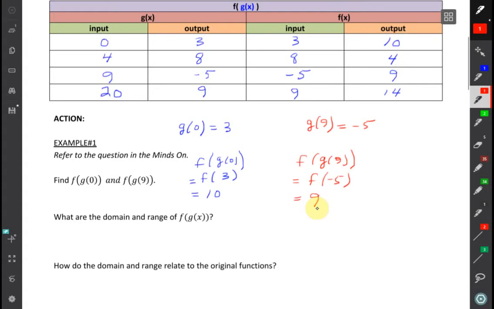So here I have the question, what are the domain and the range of f at g at x? Again, we have it in this table here. First of all, ultimately, this is the input to this whole function f at g at x. Its input is right here, so this is the domain for this function. And then ultimately, the output for f at g at x is over at this end, so this is the range.